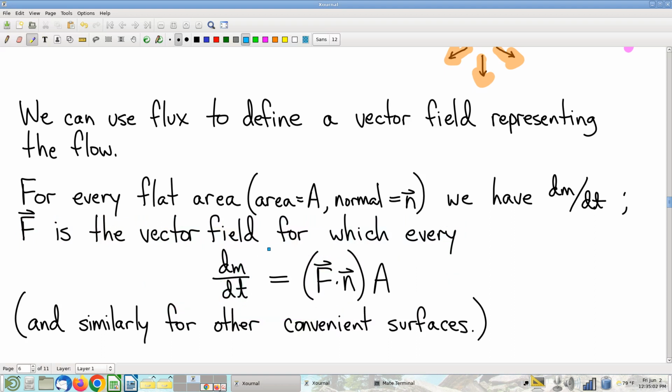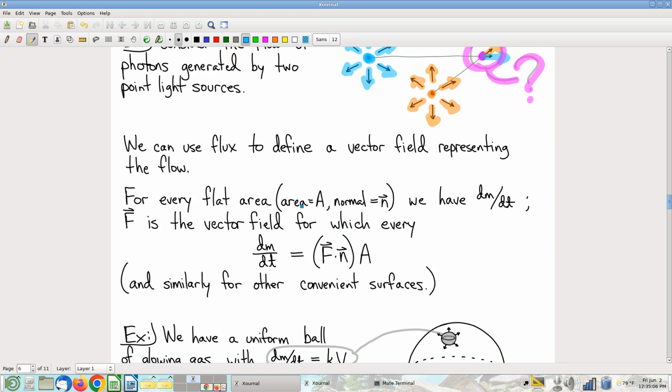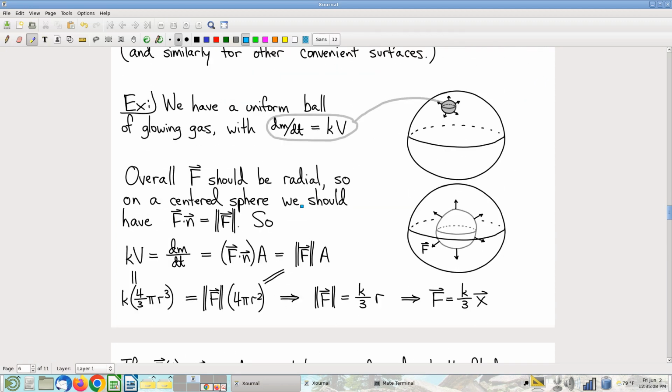Now, I think this is a pretty cool observation, and related to this, I wanted to show how you can use this idea to compute a vector field representing the flow rate out of a ball that is filled uniformly with a glowing gas.